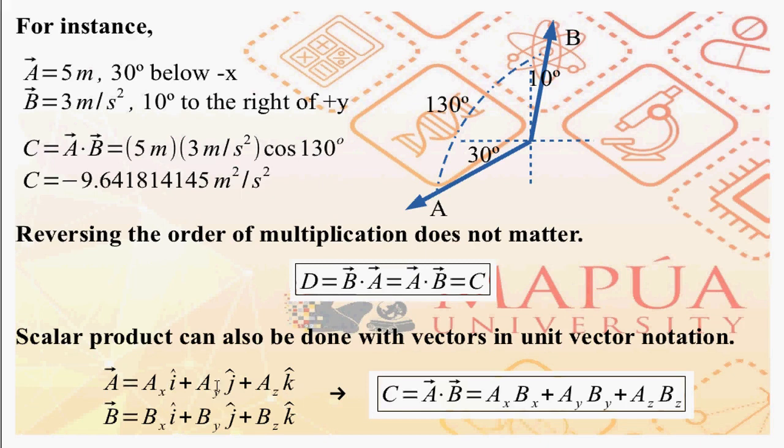Multiply the y components together, ay, by. Multiply the z components together, az, bz. And then add them all up, you get the scalar product C.